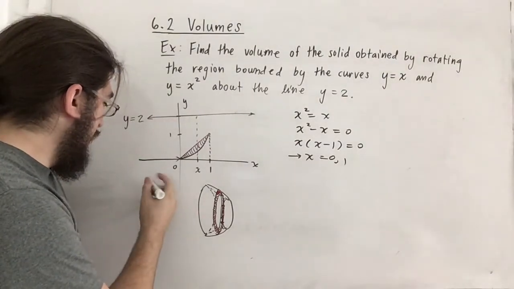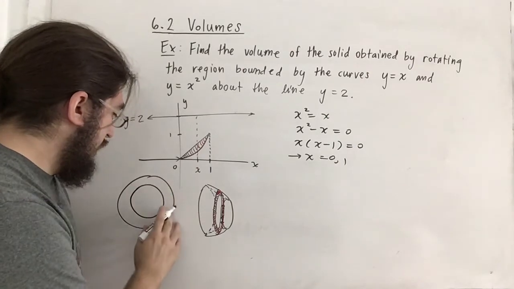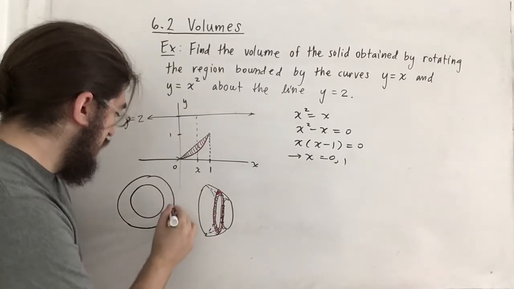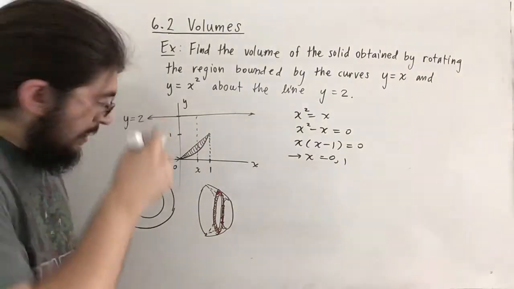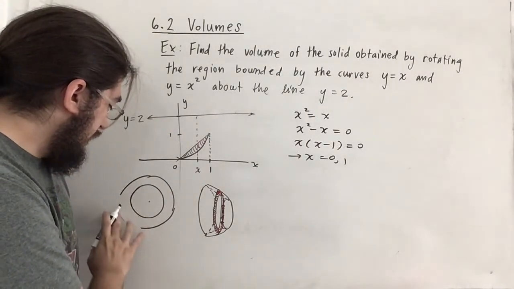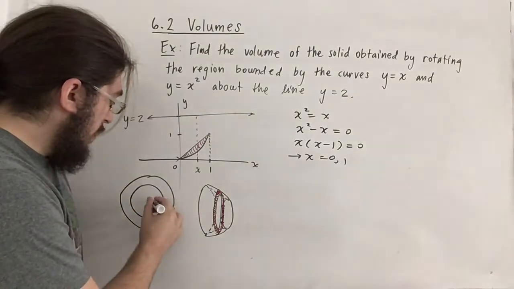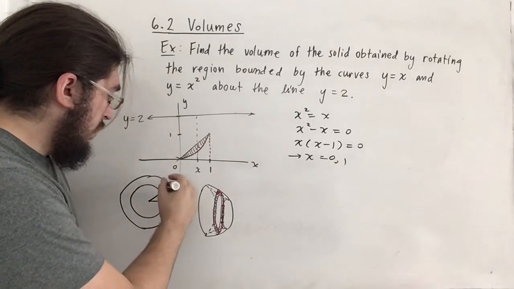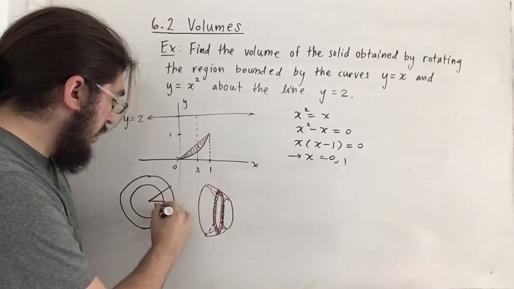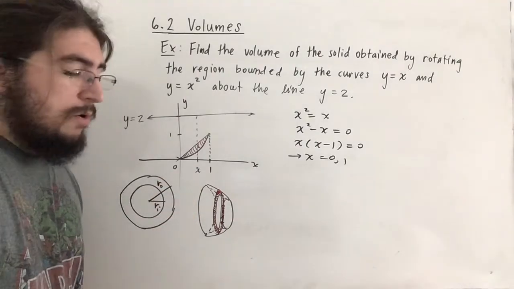So the washer is basically a circle with a circle inside of it. Only imagine it's perfect. It doesn't quite look perfect, but it's close. Maybe that's a little better. So now we have these two radii: the inner radius, R_I, for inner, and the outer radius, R_O, for outer.